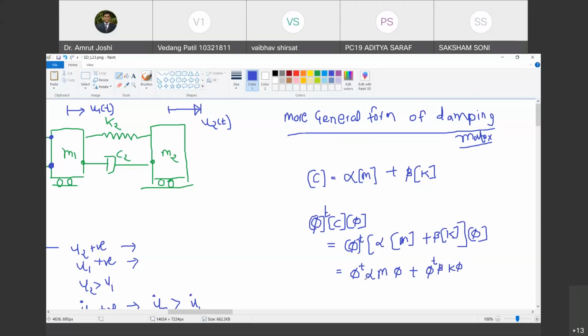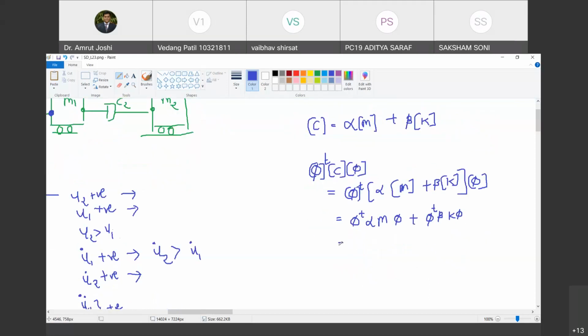But alpha and beta are constants, so I can write it as alpha times phi transpose M phi plus beta times phi transpose K phi.